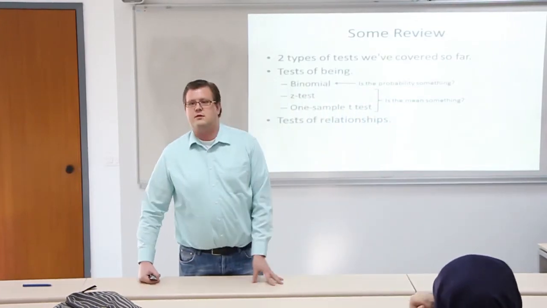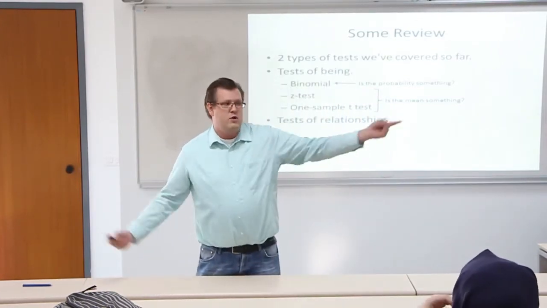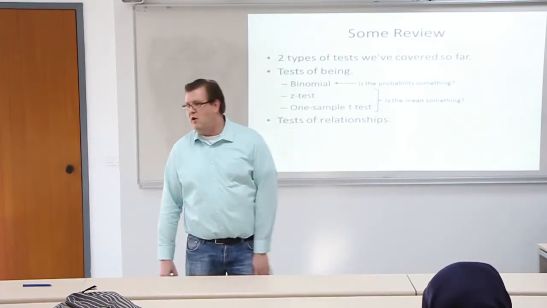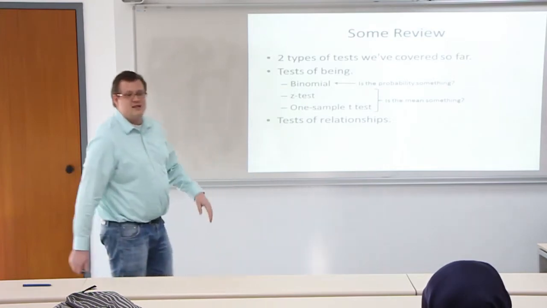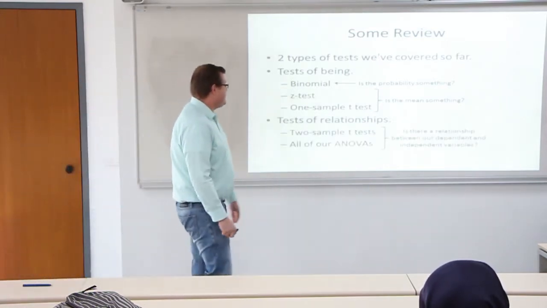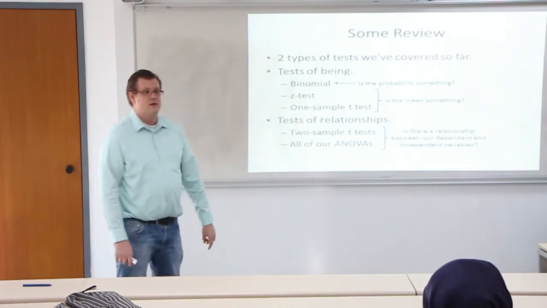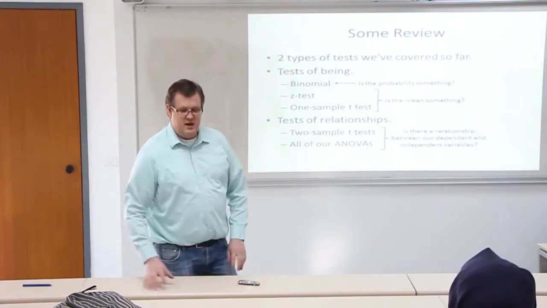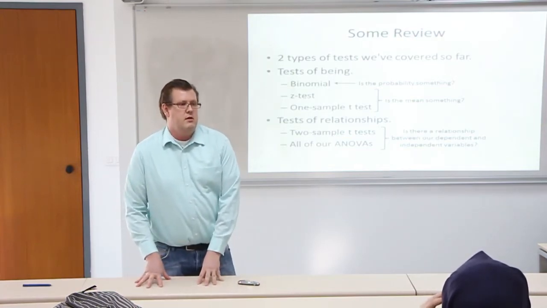What other tests were tests of relationships? The ANOVAs. All of the ANOVAs. The one-way ANOVA, the factorial ANOVA, the mixed ANOVAs, the repeated measures ANOVAs, all of those were questions about relationships. For the t-tests, we just had one independent variable.